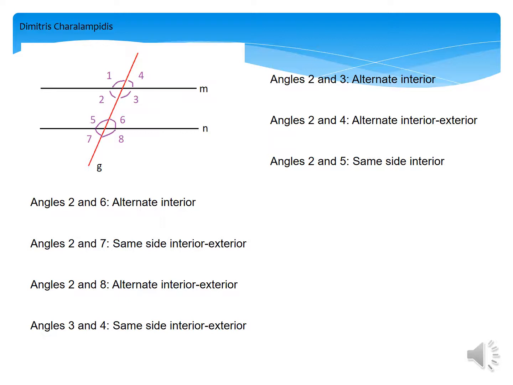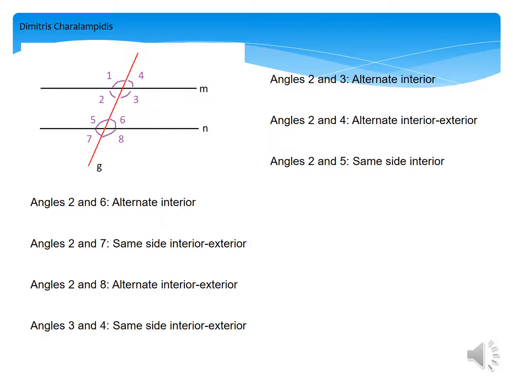Angles 2 and 4. They are alternate since one of them is on the left of line G while the other one is at the right of line G respectively, and they are interior-exterior since one of them is between the parallel lines M and N and the other is outside of these lines respectively. Angles 2 and 5.